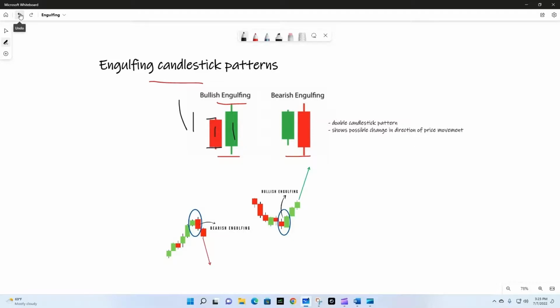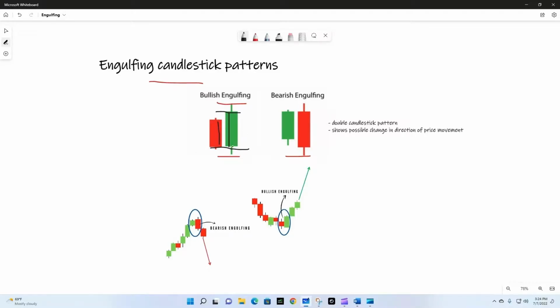If you compare the two candlesticks, you see the body size. This one is long, yes, but the second one is much longer. The length of the second candlestick is much larger than the first, and it will completely engulf, completely consume the first one.